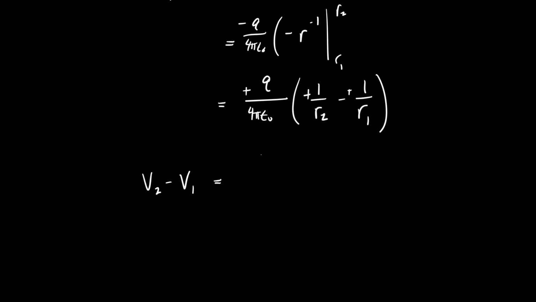And that gives me q over 4 pi epsilon naught r2 minus q over 4 pi epsilon naught r1. That's my change in potential. Now, I don't know for sure, without doing the math, that those original two places I had marked before are going to be different, but because it's the reciprocal, probably.